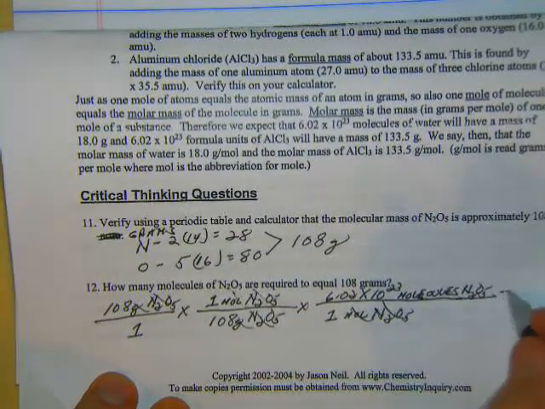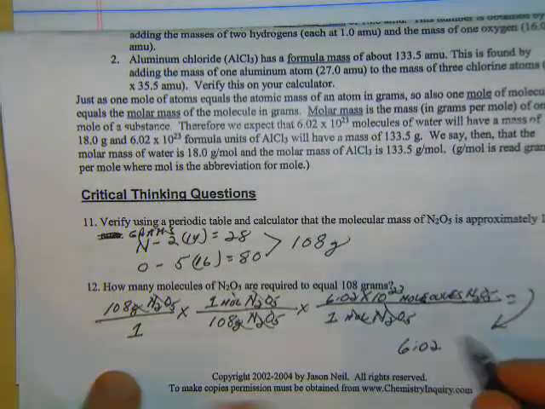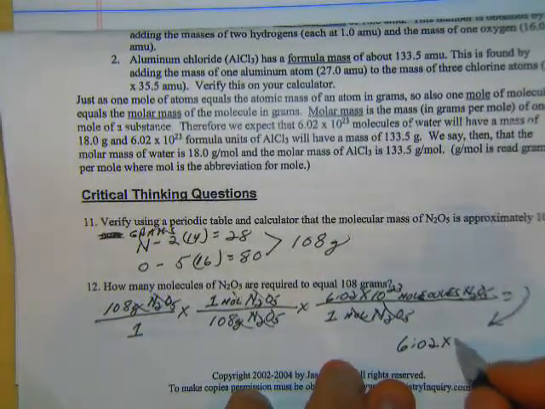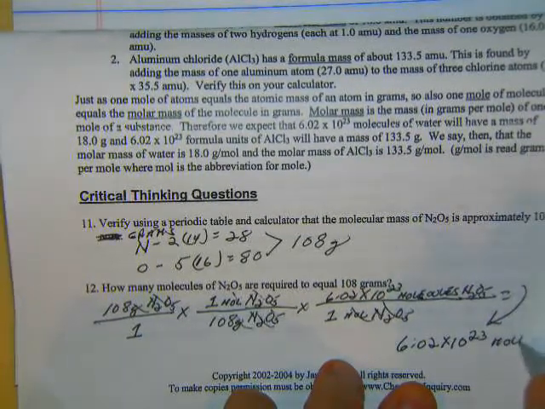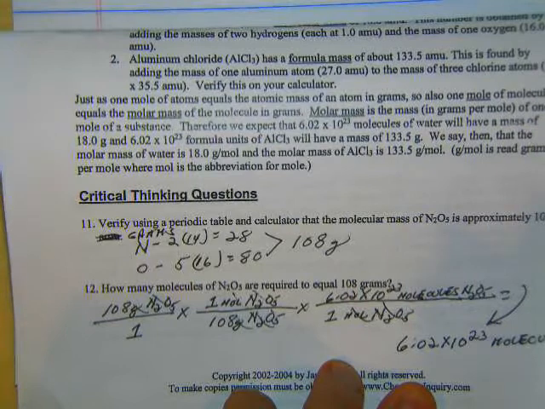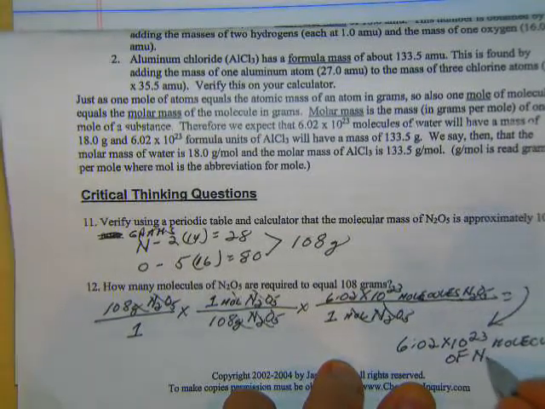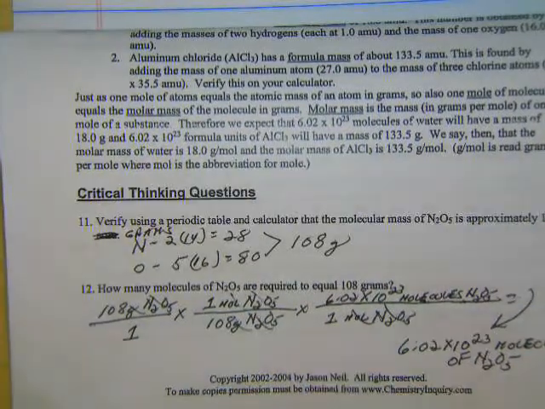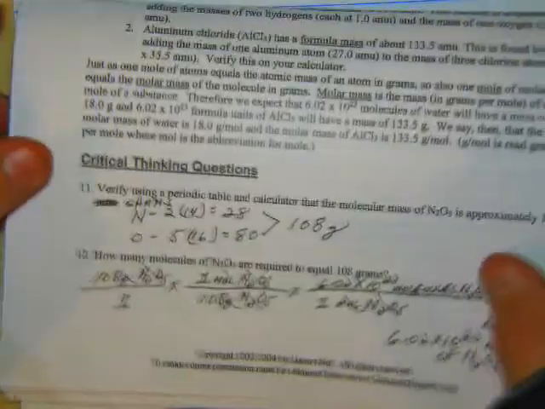So we're really left with 6.02 times 10 to the 23rd molecules of N2O5. Or in other words, it's Avogadro's number is really what we're looking at there. Alright, let's flip it over, see what we got on the other side here.